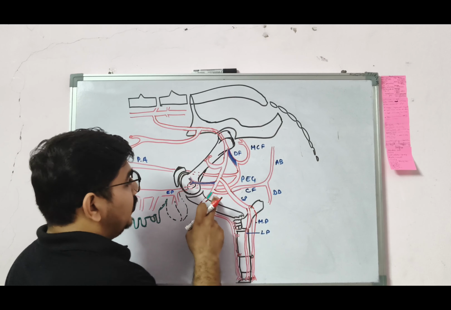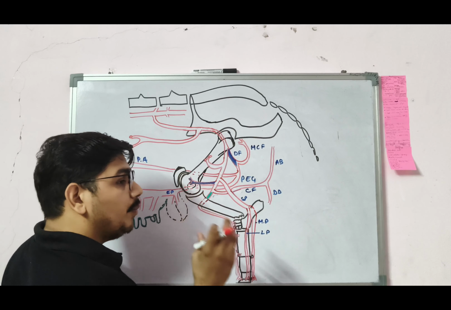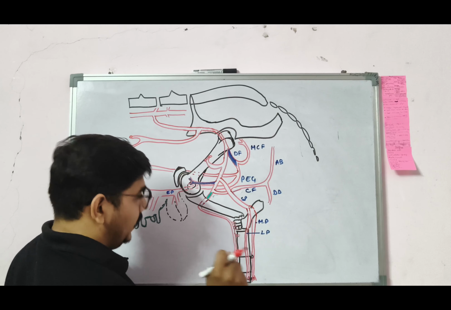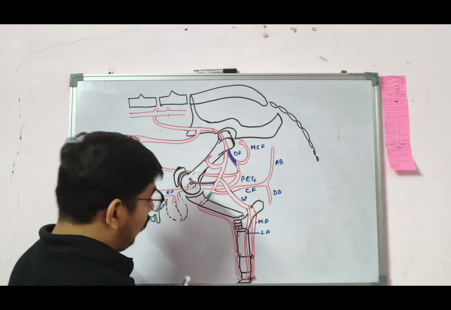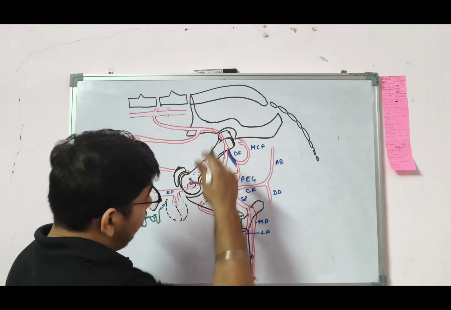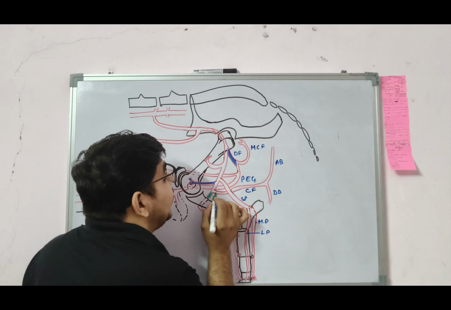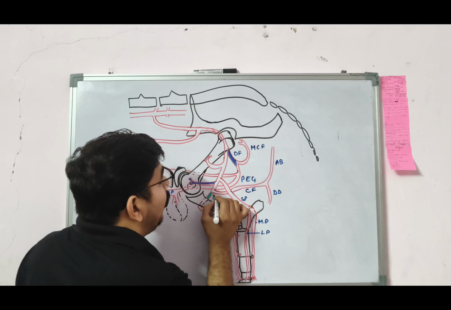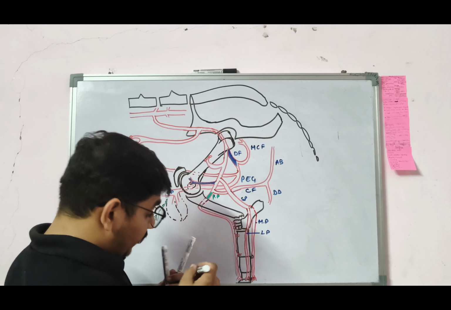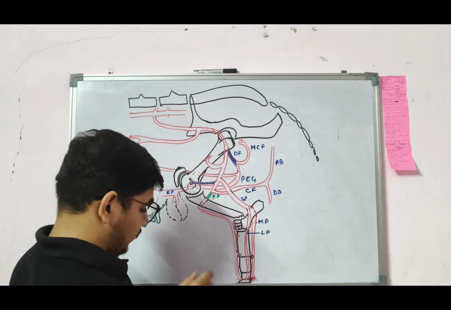This green part is in the region where the popliteus muscle is present, and that's why this part of the main artery is known as popliteal artery. So this is popliteal artery, which gives two branches.